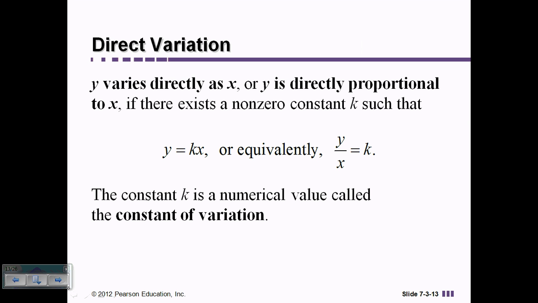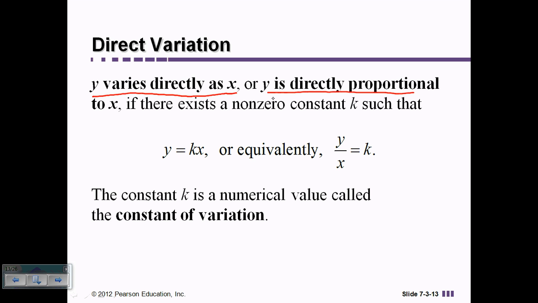All right, so the next topic we're going to look at is direct variation versus indirect variation. So direct variation is an expression that says y varies directly as x, or y is directly proportional to x.